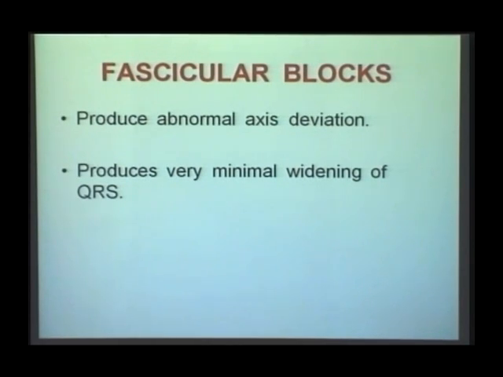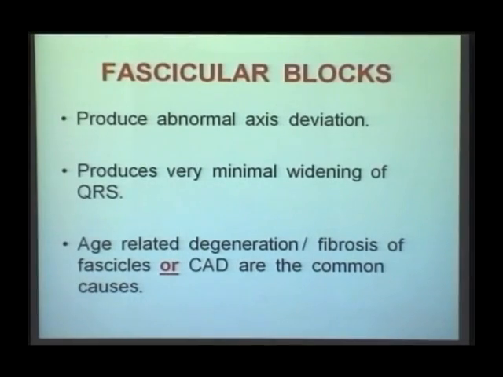Here, only 1/4 of your ventricle is supplied by the non-specialized conduction system. 3/4 is supplied by the specialized conduction system, so there will not be any significant widening. In an isolated fascicular block, there may be just a small widening, definitely not more than 0.12. A minimal widening of the QRS.